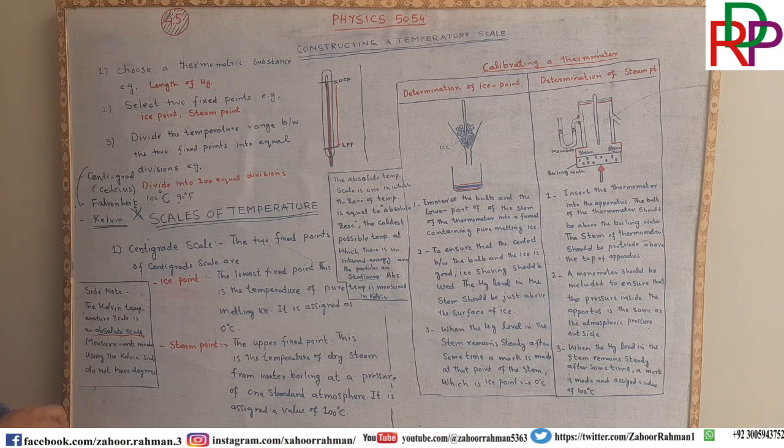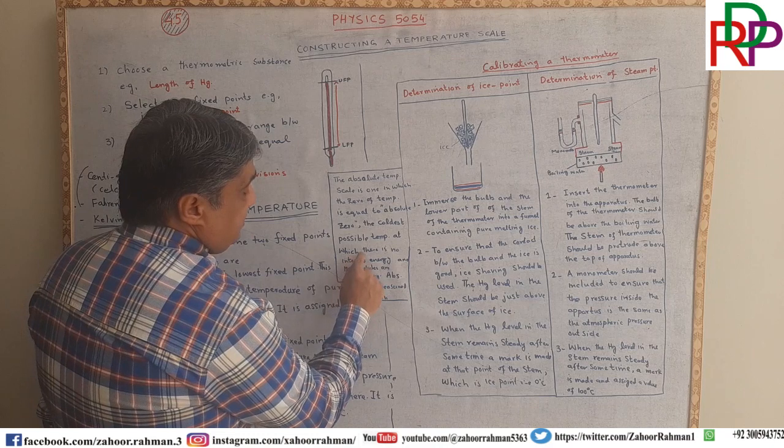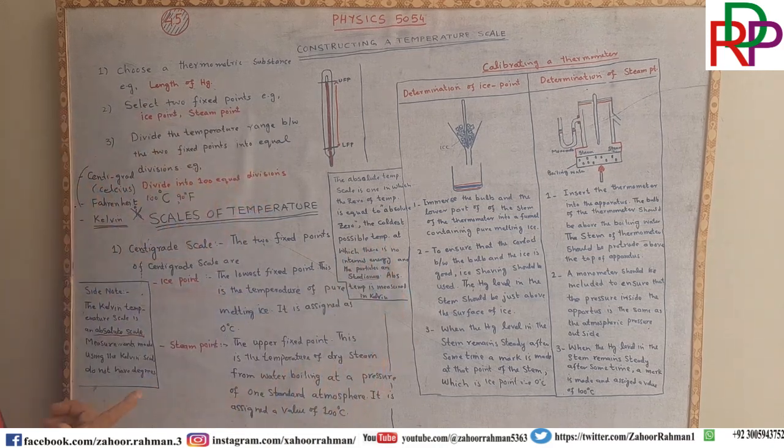And whenever a material reaches this temperature, it means that it is the coldest temperature ever observed, and that is only the ideal temperature. Practically it is not possible to get absolute zero, the temperature at which there is no internal energy.